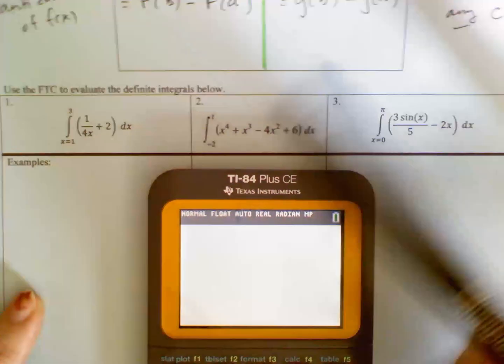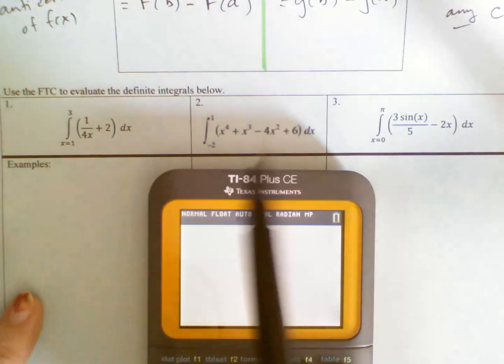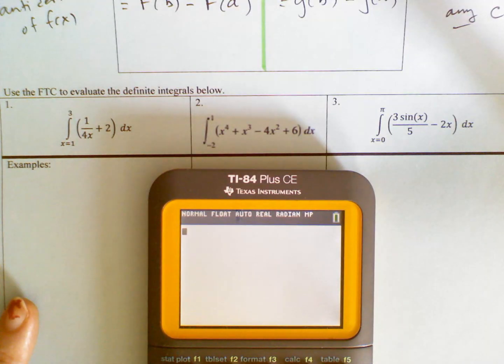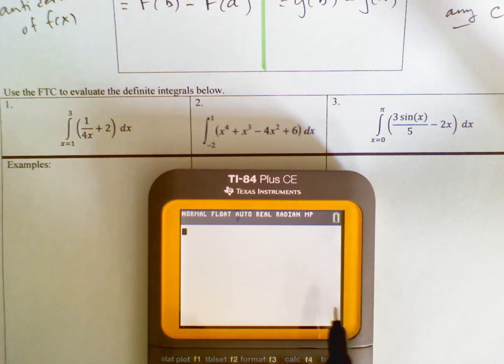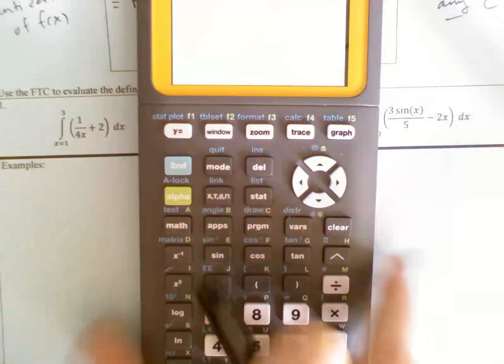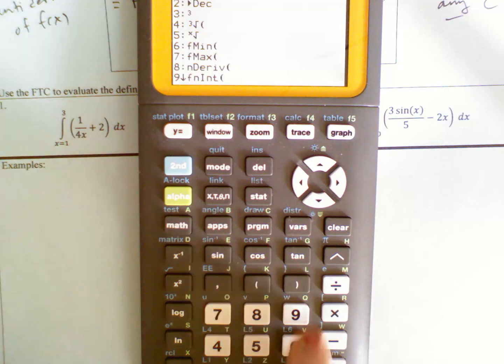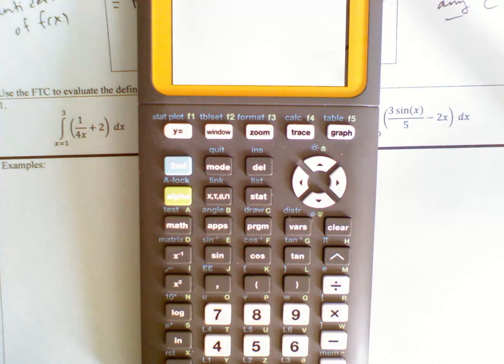Okay, so we want here the area under the curve from -2 to 1 of this function here. Now, I already showed you how to do it with the graph, like a definite integral on the graph. But another thing that you can do is math 9.